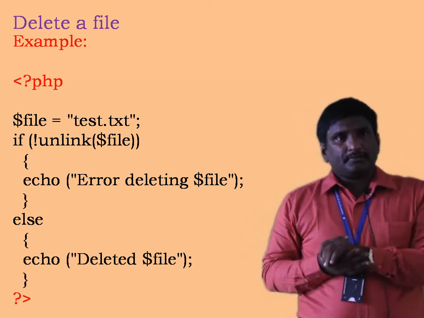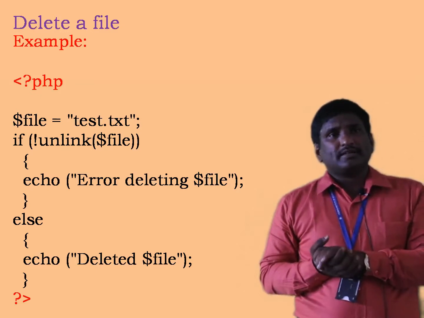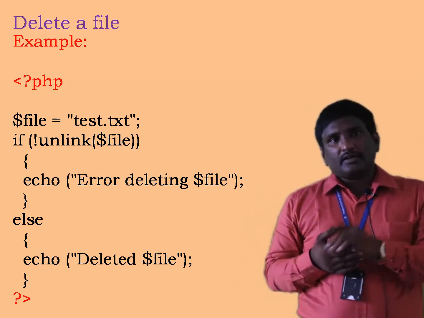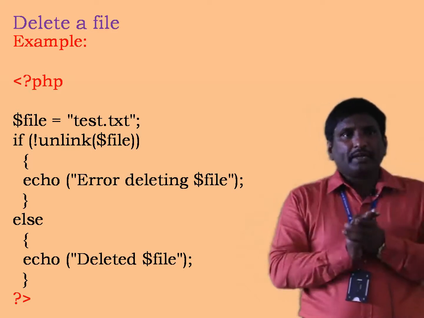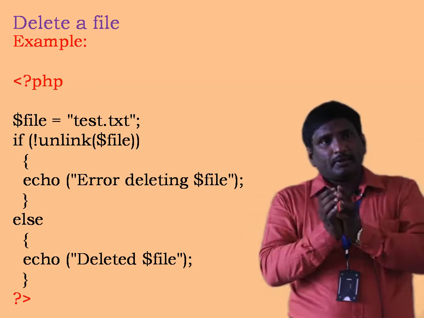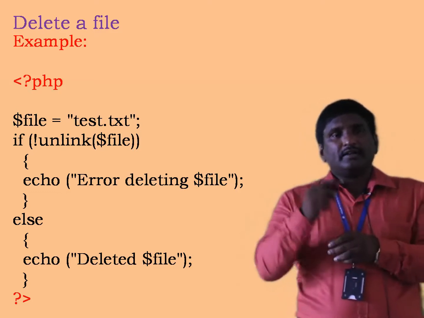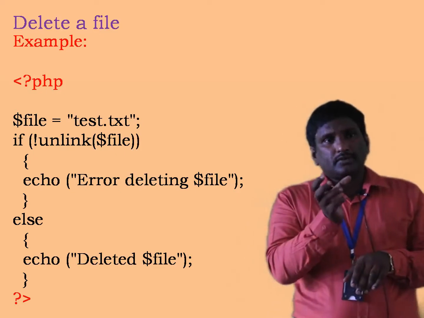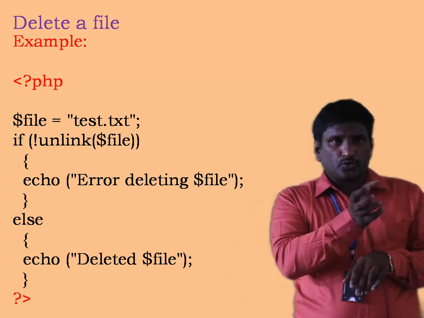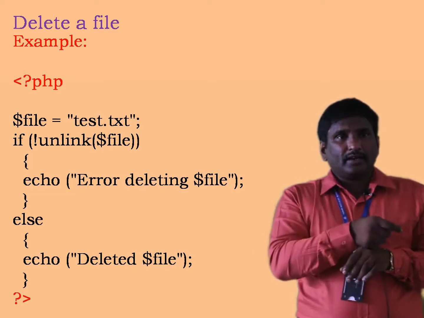So the file is test.txt. If unlink($file)... we assign the file name to the file variable, and by passing that variable to unlink, the test.txt file will be deleted. If it returns true, the file is deleted.